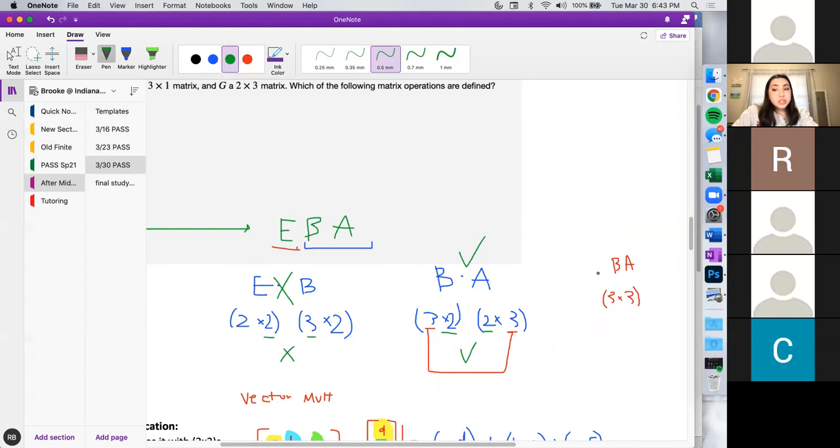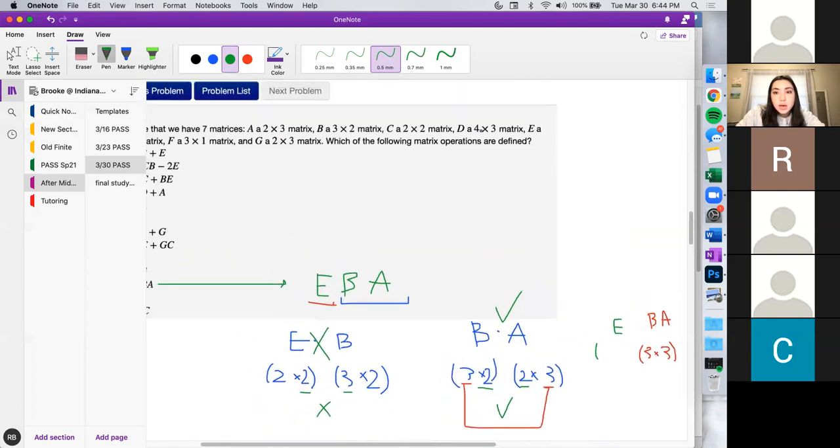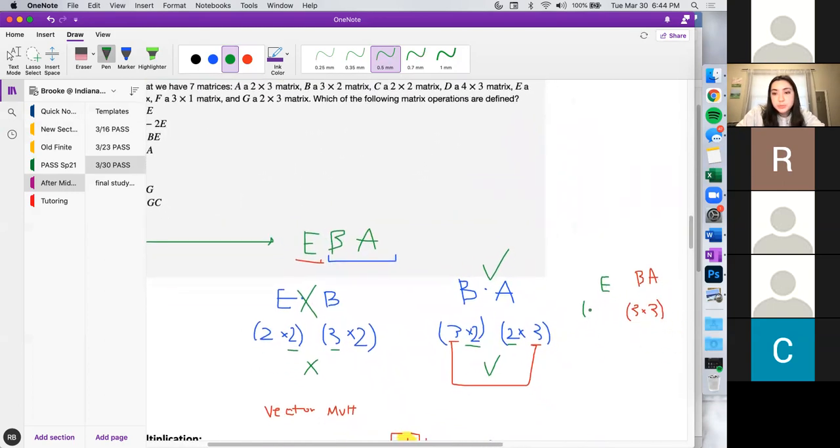I need to make sure the E is to the left side of the BA. If the E was on the right side of the BA, I've now moved it over here, and that's not allowed. So I just need to make sure whenever I do this kind of stuff, I keep it in the right order. So E was a 2 by 2.